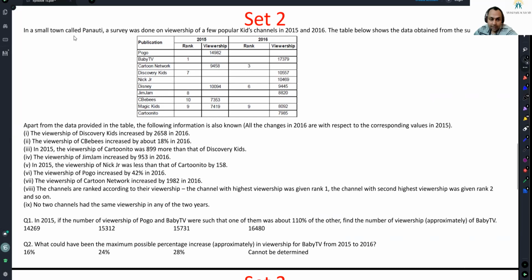The viewership of Discovery Kids increased by 2,658 in 2016. So from whatever it was earlier, it has increased by 2,658. Now I'm saying, take this as 10,500 and take this as 2,600. 10,500 minus 2,600.